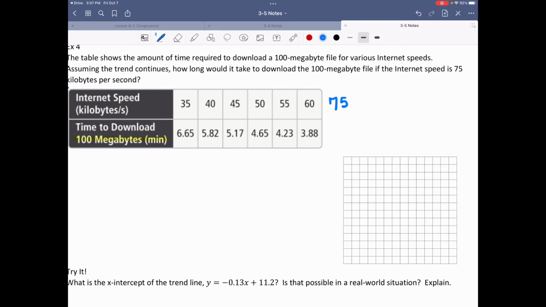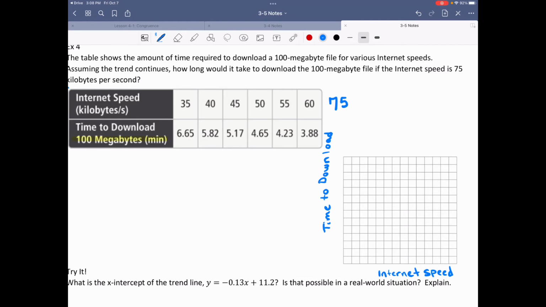So on the bottom, our domain is our internet speed. And then we have on our range, time to download.